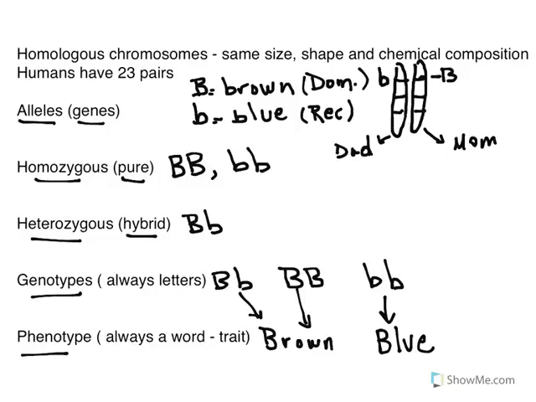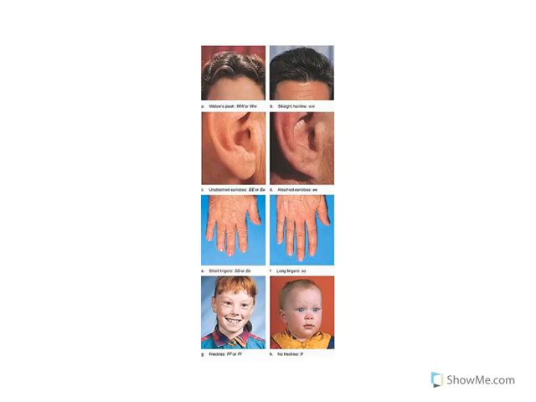It's important that you understand the meaning of all these terms because you will be using them as we do problems in genetics. And remember, we have 23 pairs of homologous chromosomes. The exception is the male has 22 pairs because the sex chromosomes X and Y are not homologous.